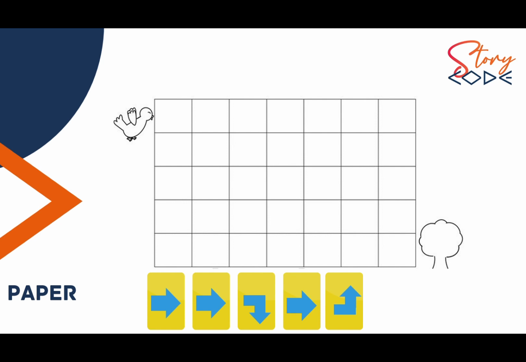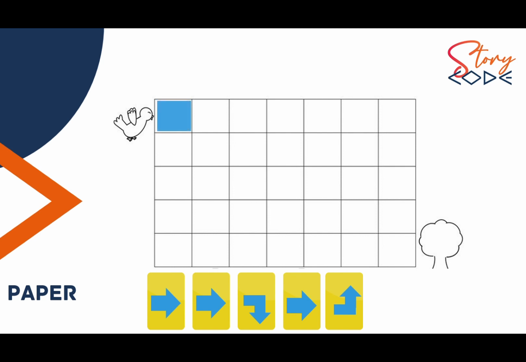Okay, so we are asking the children to bring the character, the bird, to reach a specific point of the grid, the tree. You can ask the children to display cards, so the cards that show the instruction that the bird has to follow, to make the bird reach the tree.